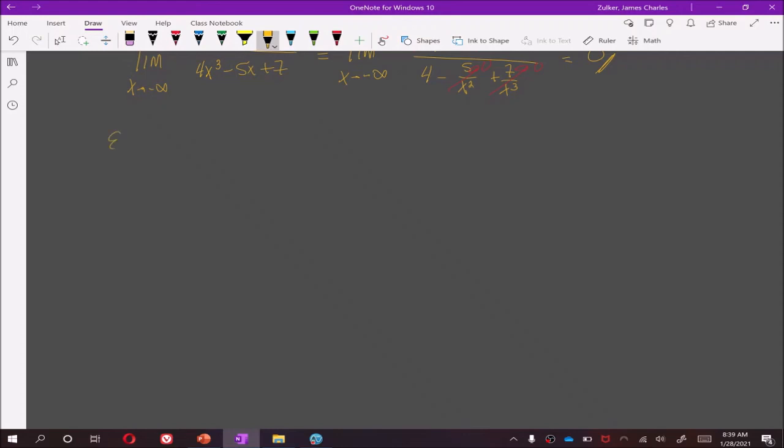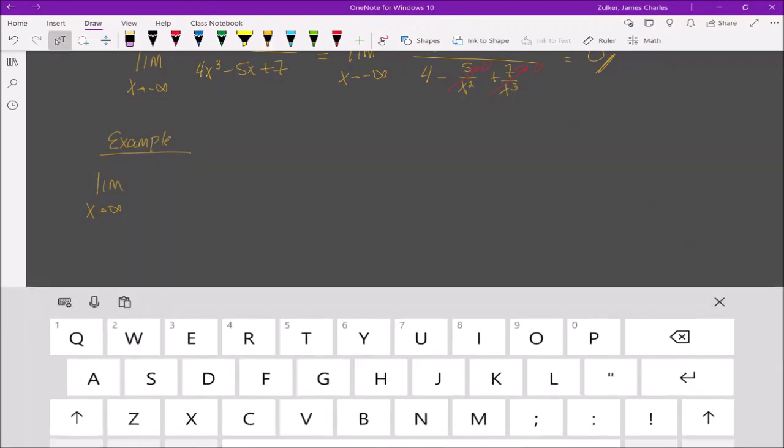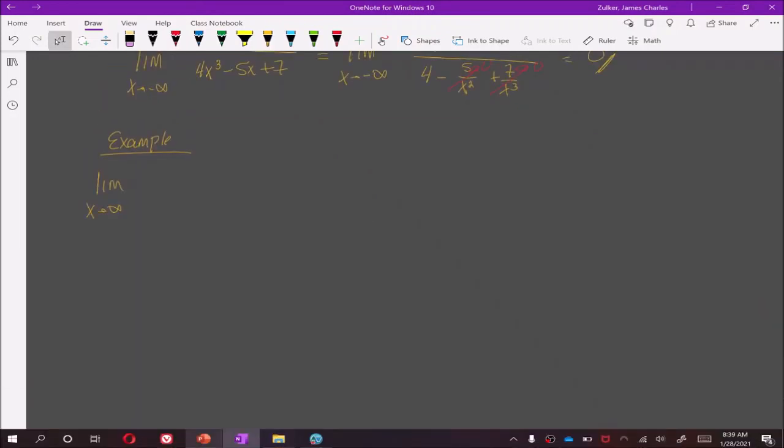Let's now look at limit as x goes to infinity of 3x squared plus 4x all over x plus 2.